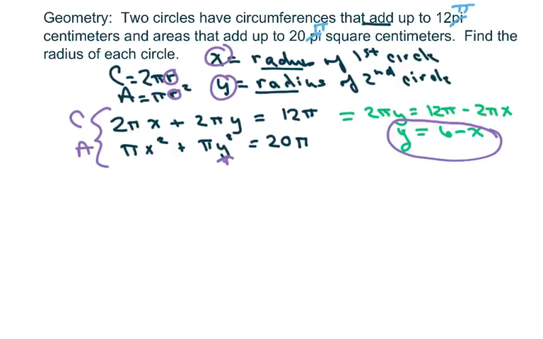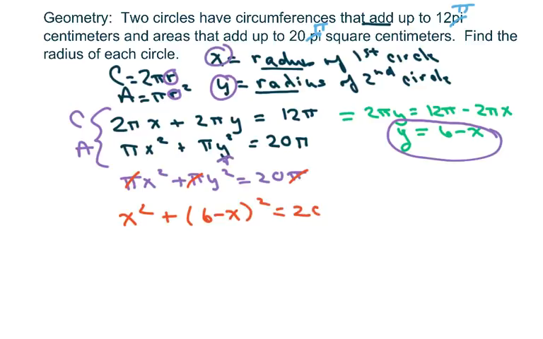First of all, what I can do with this equation is divide everything by pi, because that'll make it easier, and all those pi's go away. So we have x squared plus y squared, which is (6 minus x) squared, equals 20.